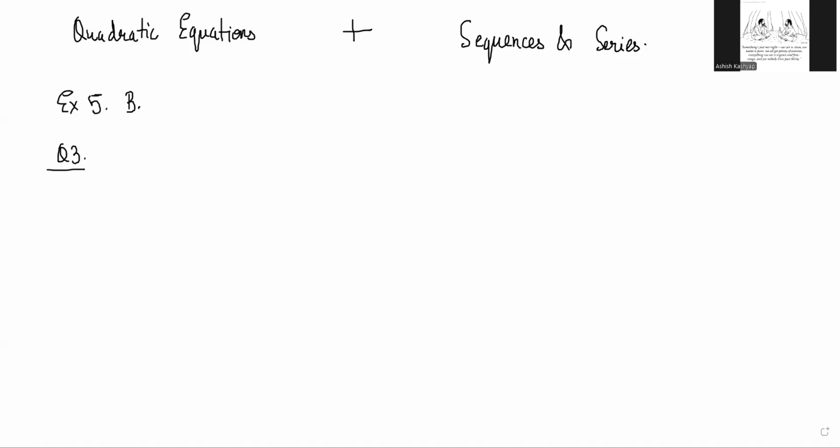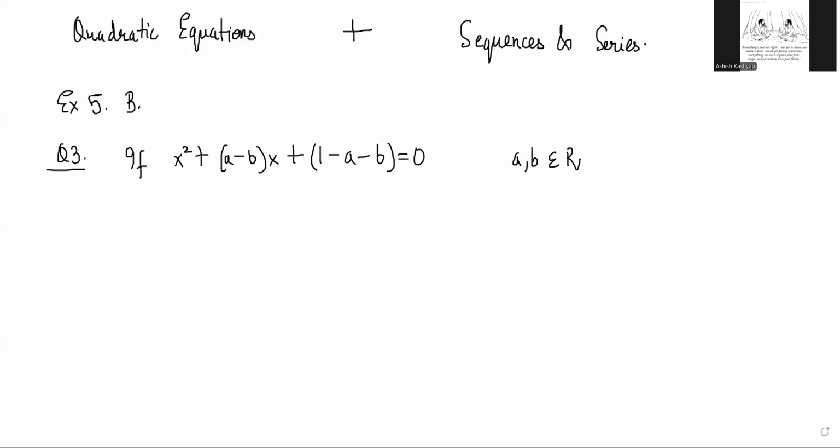If x square plus (a minus b) x plus 1 minus a minus b equal to 0, where a, b are real. This is our equation. a, b is real.